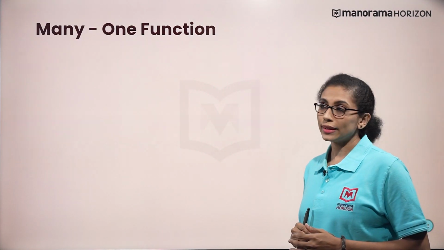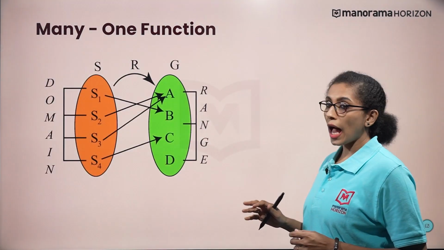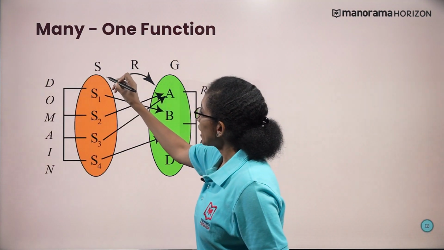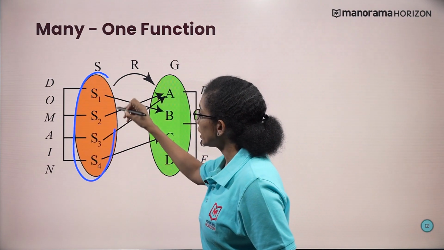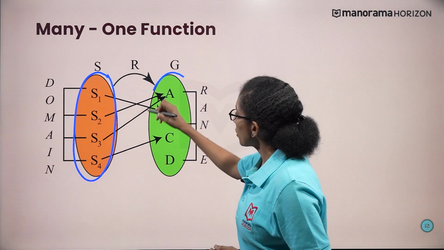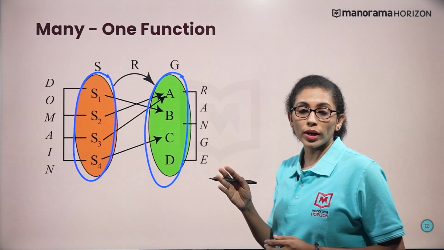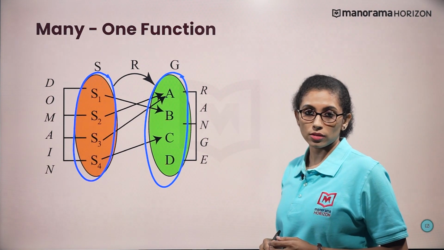Let's move on to the next type of mapping, that is many-one mapping. Here is the arrow diagram. Set S represents the set of students. Set G represents the grades obtained by students in subject mathematics.